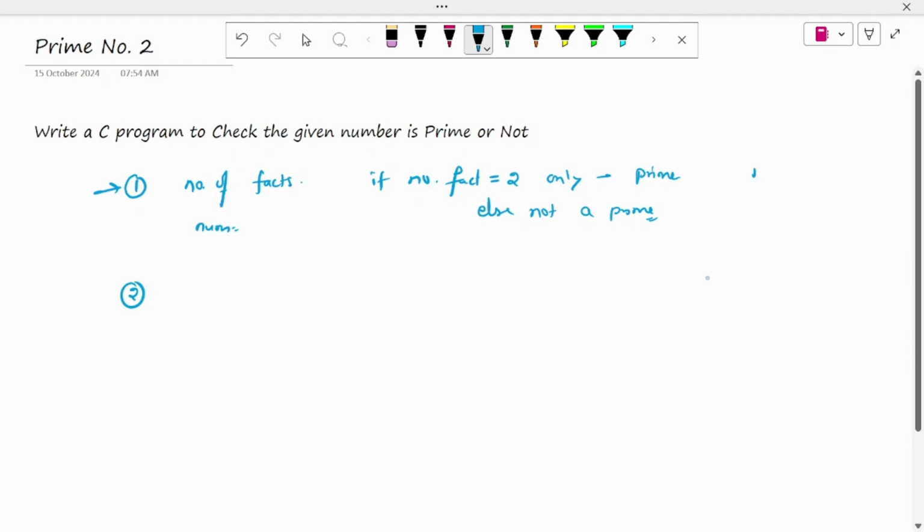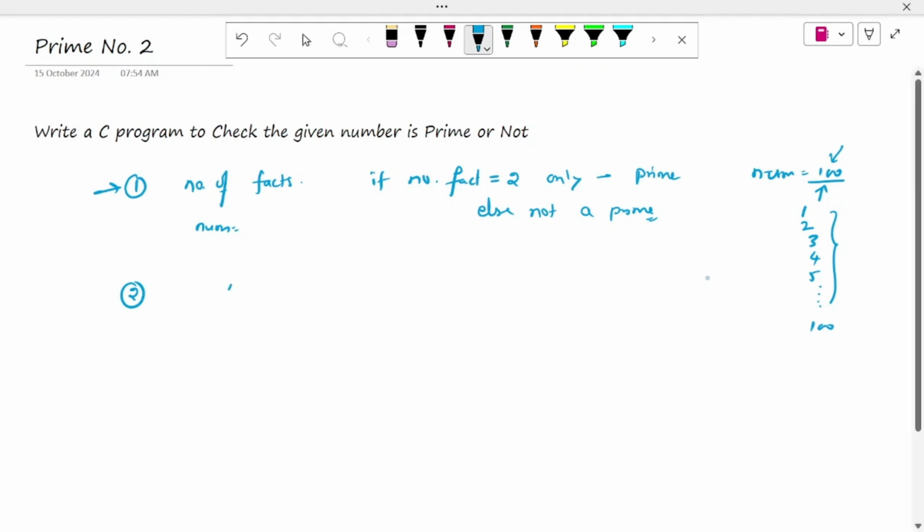For example, if you take num is equal to 100, you go on dividing 100 by 1, 2, 3, 4, 5, so on till 100. So you will require so much time to identify whether 100 is a prime or not. But the second method that I am going to tell you is going to be very efficient, but not the most efficient. I will discuss that also in the later videos. But let's see what is the second method.